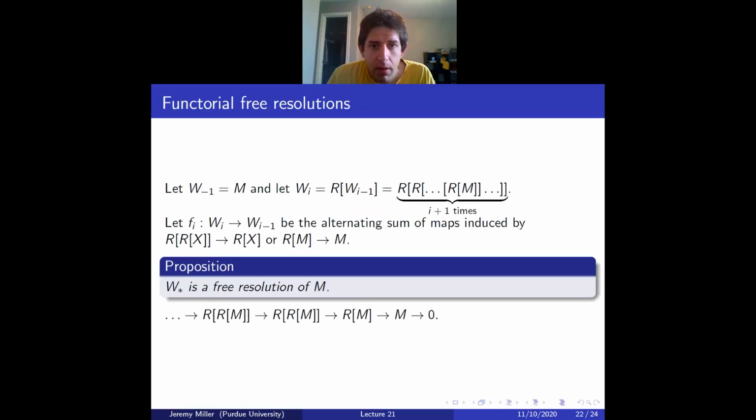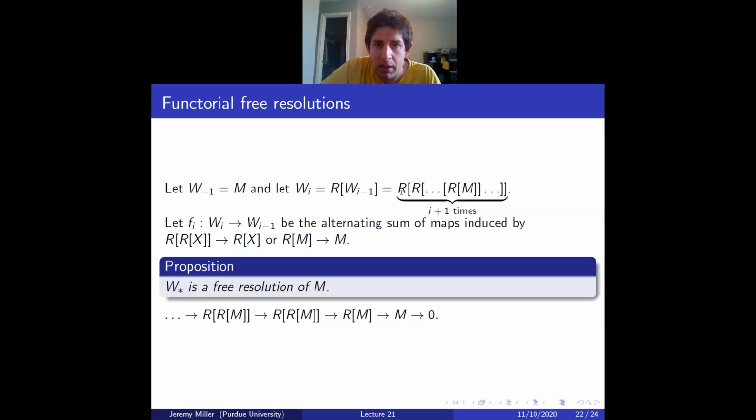Okay. So we'll let W_{-1} be M, and in general let W_i be the free abelian group on W_{i-1}.